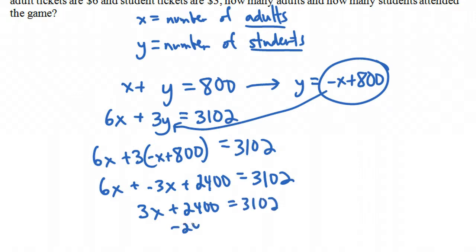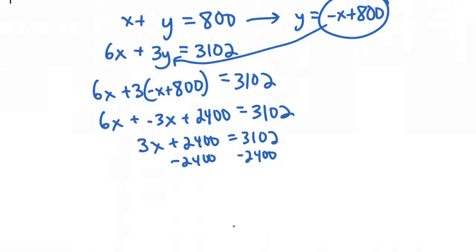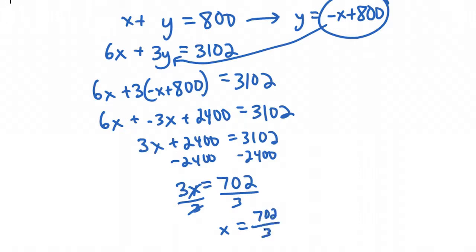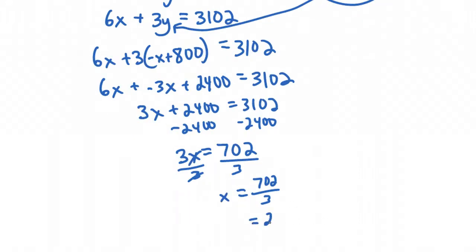Now subtract 2,400 from both sides, and what we end up with is that 3x is equal to 702. Okay, and if we divide both sides by 3, what we get is that x is equal to 702 divided by 3, but that is 234.